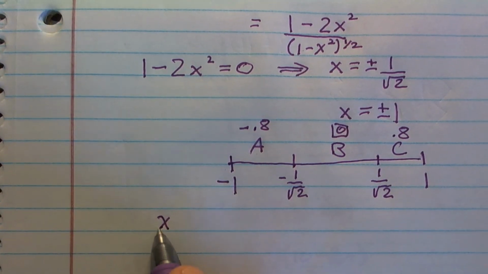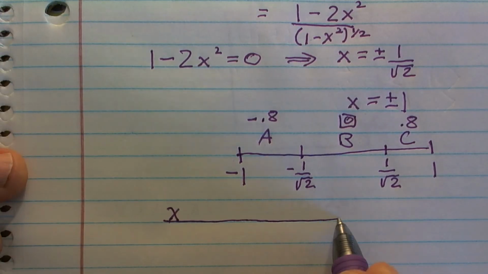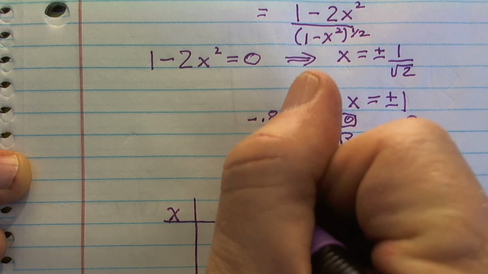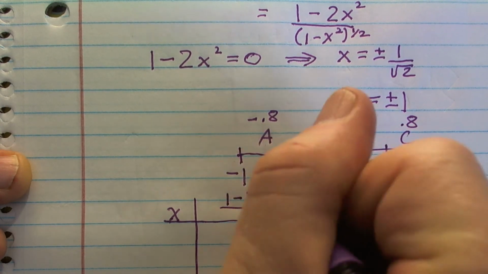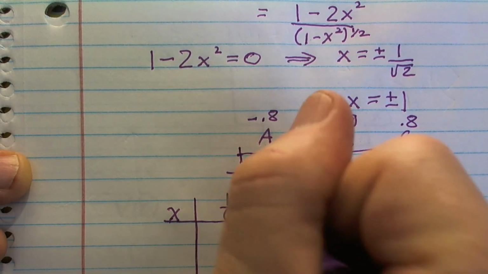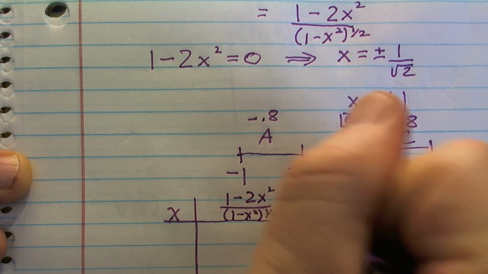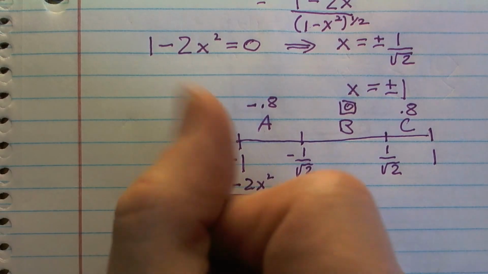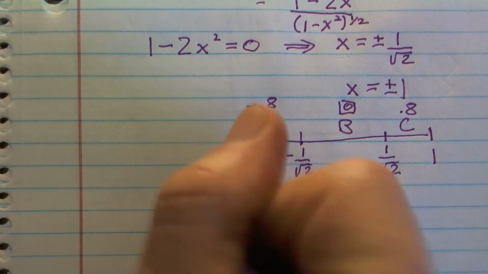So I go back and I take my derivative, and I'm going to do some test values here. Now remember, the derivative is (1 minus 2x squared) over (1 minus x squared) to the 1/2. So I'm going to plug in these values. I'll plug in the negative 0.8.